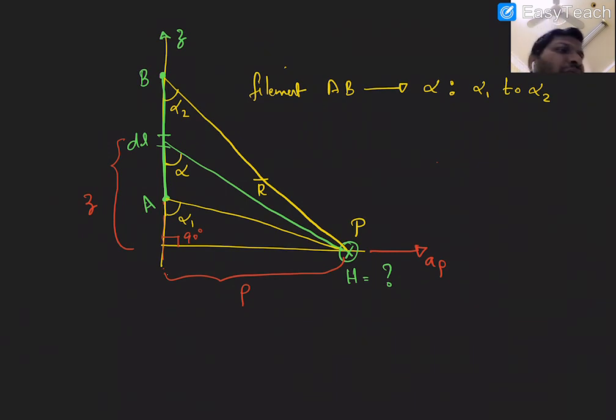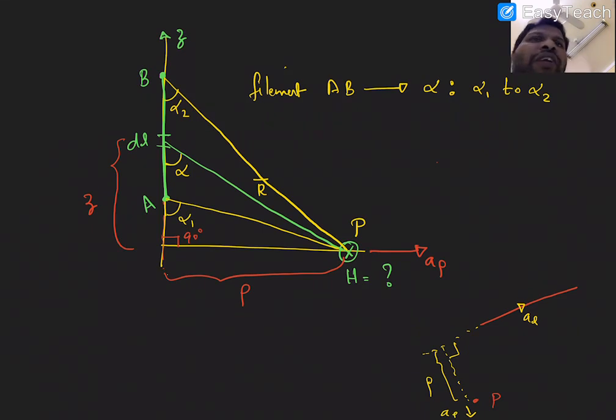This is your point P, then you have to just extend and find this perpendicular distance, and that is the rho. So be careful about this. This is the direction of your dL, and this is the direction of your rho. I will explain this further at the end of this video.